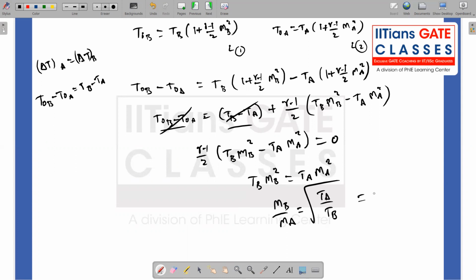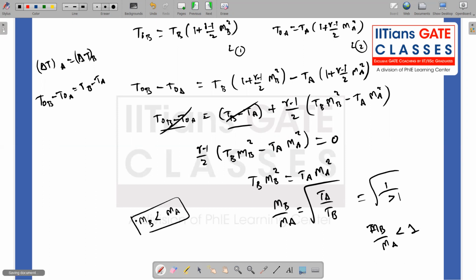So this is going to be square root of 1 divided by some number which is greater than 1. That gives me MB by MA is less than 1. So that means MB is less than MA.